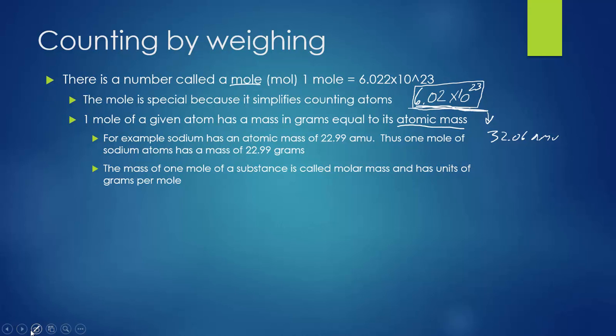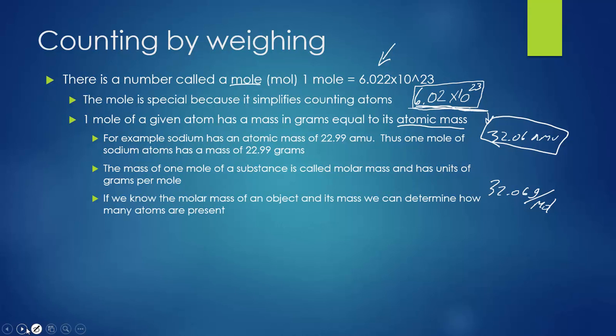The mass of 1 mole is called molar mass and has units grams per mole. So 32.06 atomic mass units is the atomic mass of sulfur, but it's also 32.06 grams for every mole of sulfur atoms. And that's the reason this number was picked. Anytime you have a mole of atoms, the mass of that mole is equal to the molar mass of the element, or the atomic mass of the element.